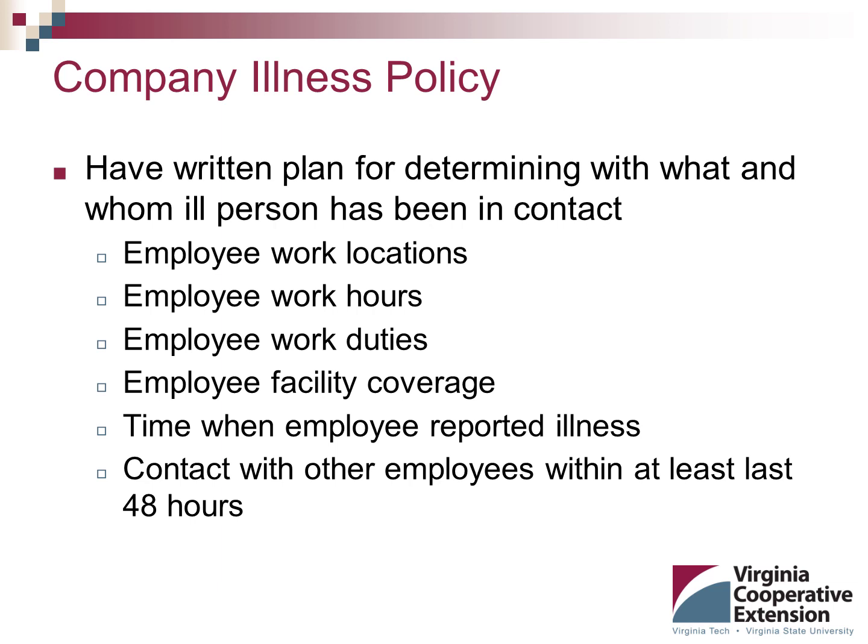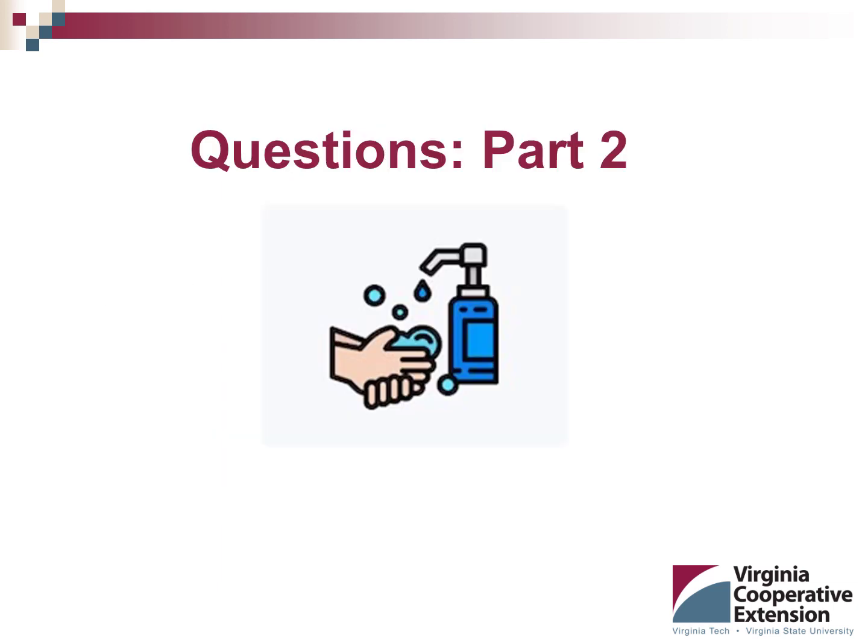And how much did they move around in your facility? And also a date and time of when the employee did report the illness. Again, we are recommending that this is a written questionnaire sheet that you can fill out when an individual calls or contacts you.